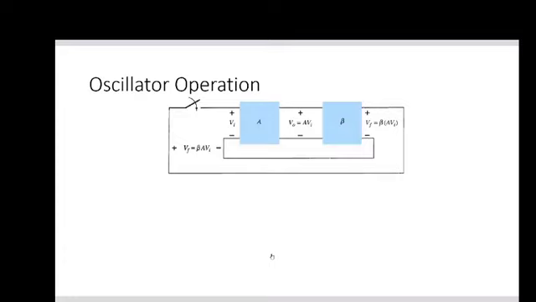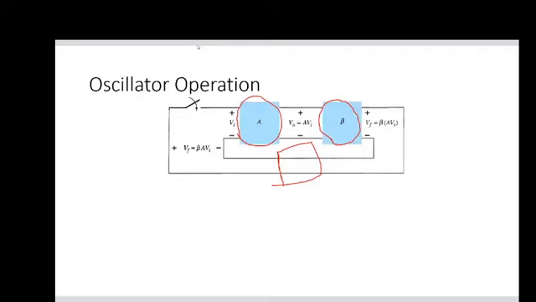Now here you can see this A is a normal amplifier we have designed. Consider that it is an RC coupled amplifier, and beta is the feedback network. Basically, you see beta in this place. For a change, for explaining the oscillator operation, I placed this beta here.